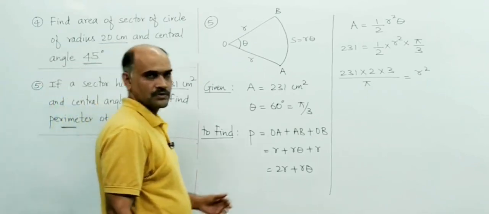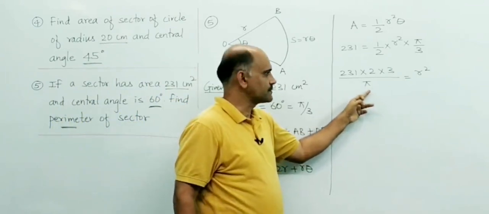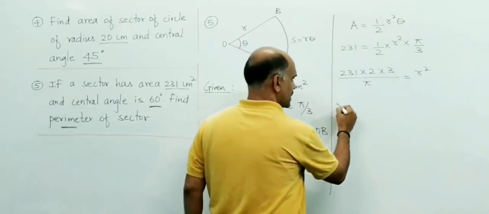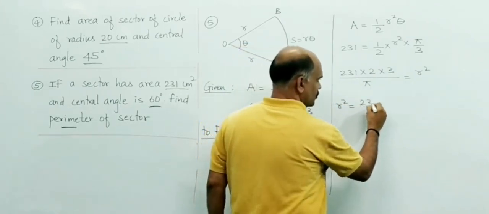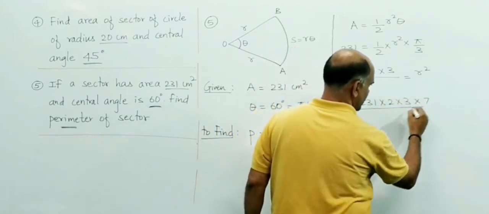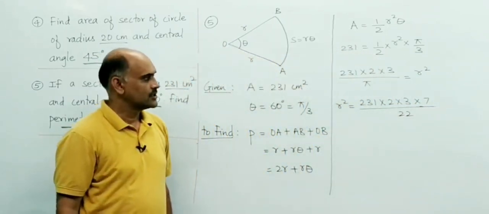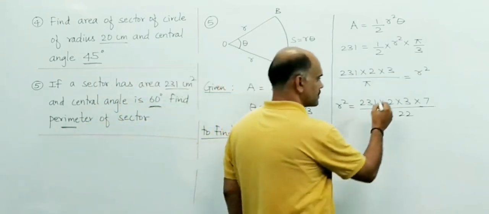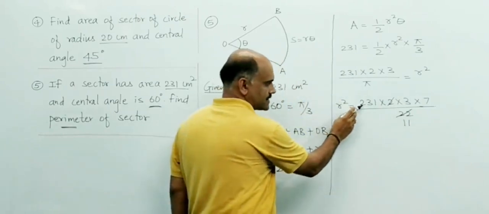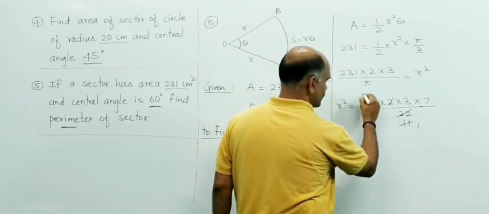Now I will write pi as 22 by 7, so it will be easy for simplification. That 7 will go to the numerator. So r square is equal to 231 into 2 into 3 into 7 divided by 22. Now I will cancel by 11: 11 ones are 11, 11 2s are 22.